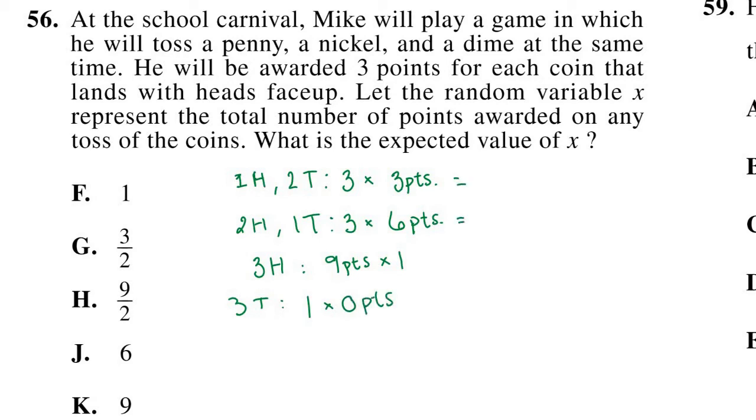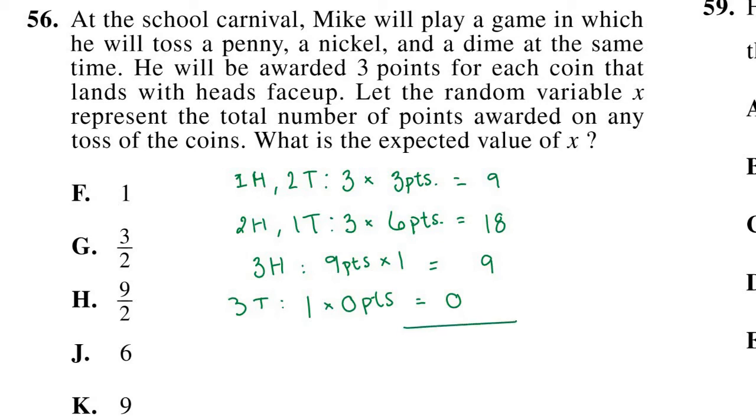Now let's multiply all these out. So 3 times 3 is 9. 3 times 6 is 18. 9 times 1 is 9. And 1 times 0 is 0.